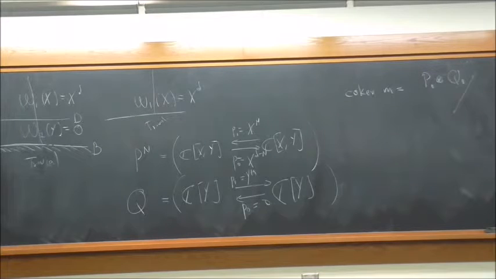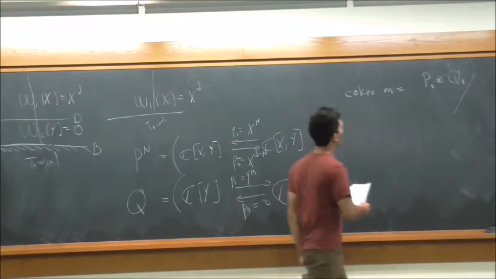What is it? Okay. It's little P1 times identity on Q0 minus identity on P0 tensor Q1.